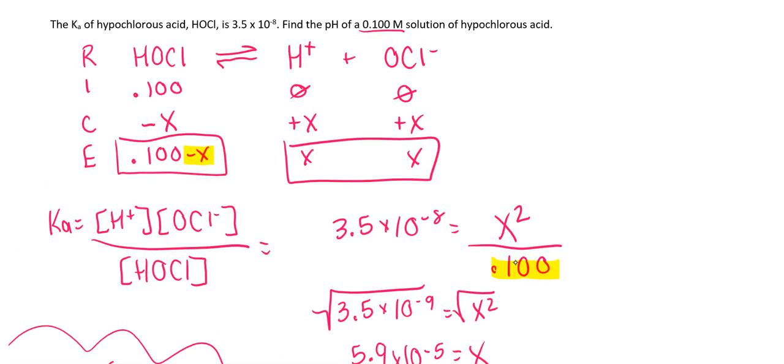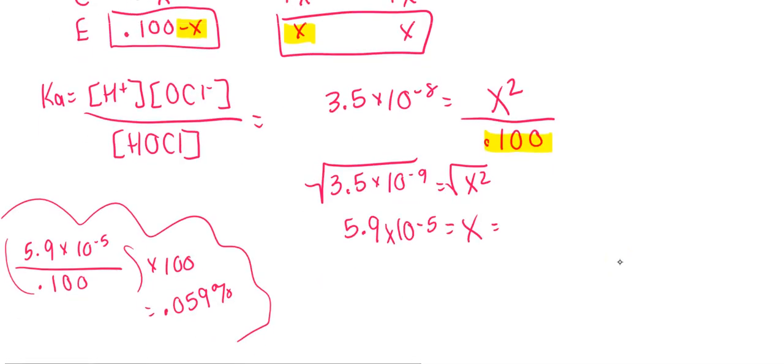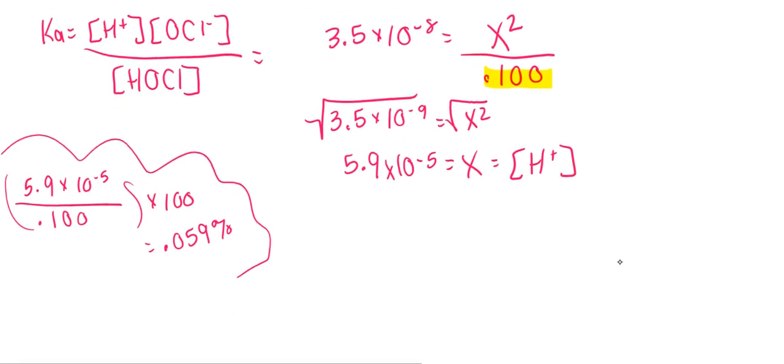Looking back up at our Rice table, X is equal to H+. So the concentration of hydrogen is equal to 5.9 times 10 to the negative fifth.